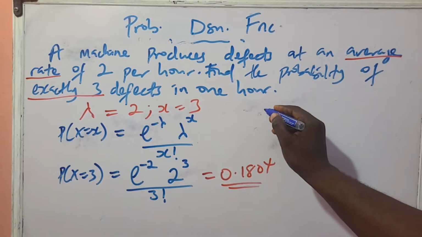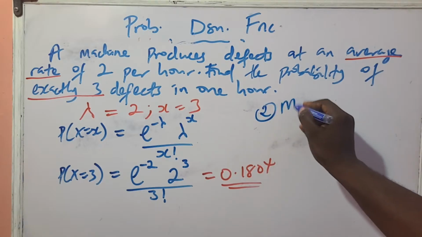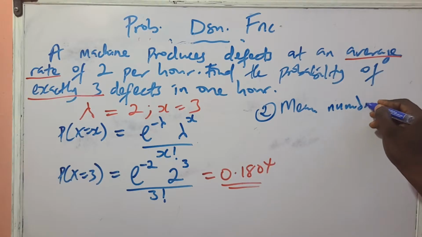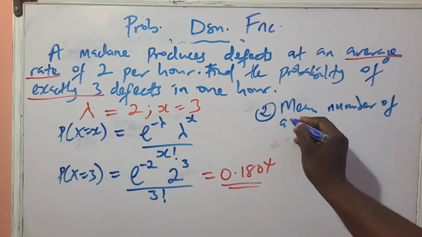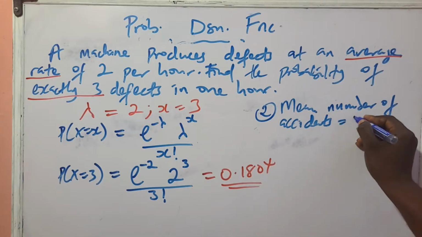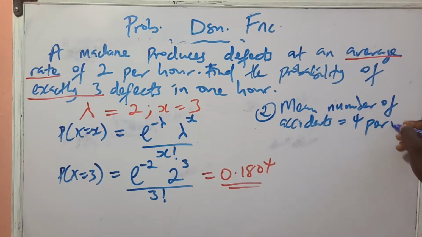Mean number of accidents equals 4 per week. All right.